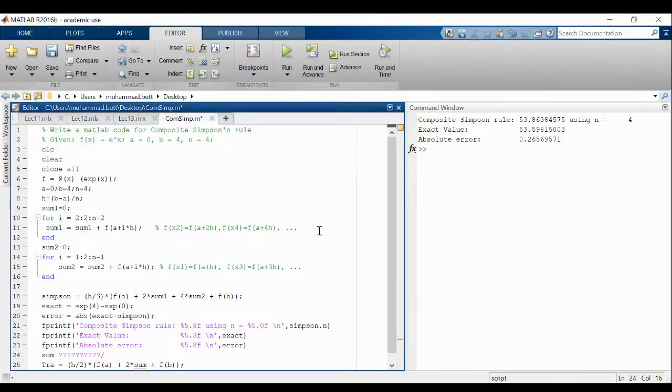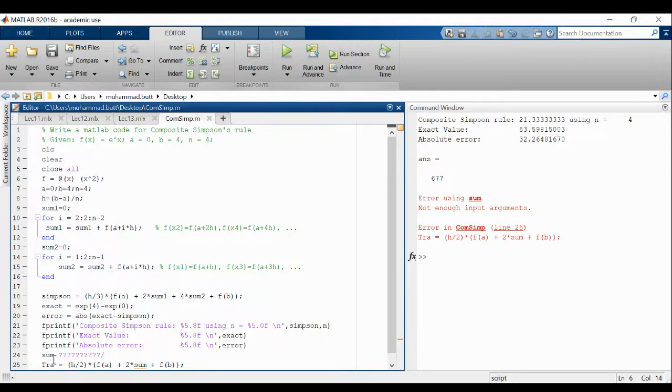So I hope you have learned today how to write a MATLAB composite Simpson rule code, and now you can change the function as well. So for example, you have x square. You remember x square? Now run it.